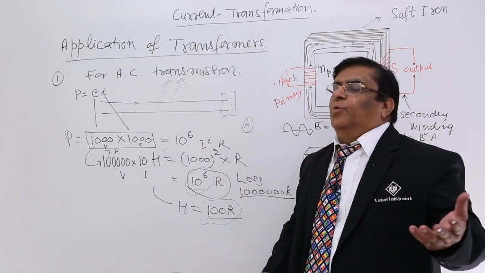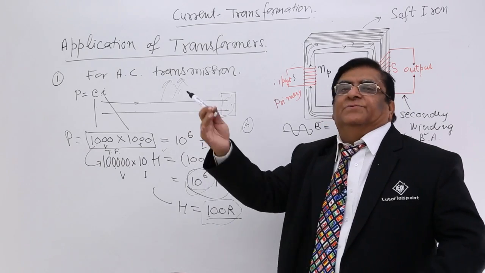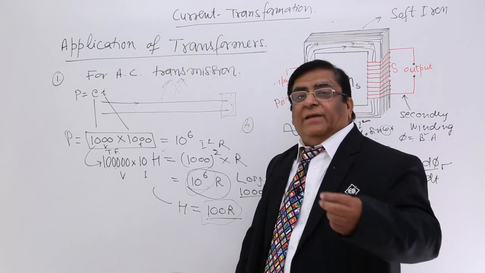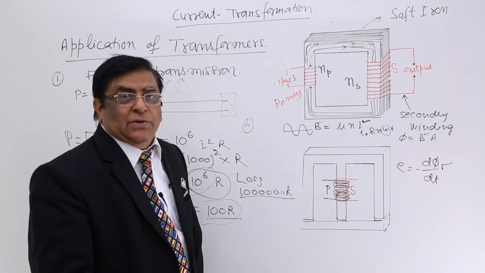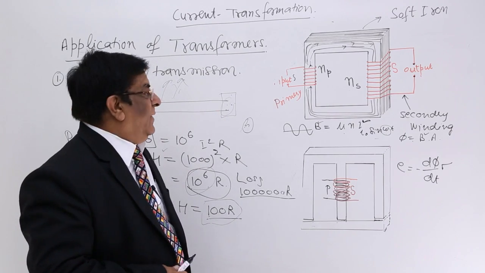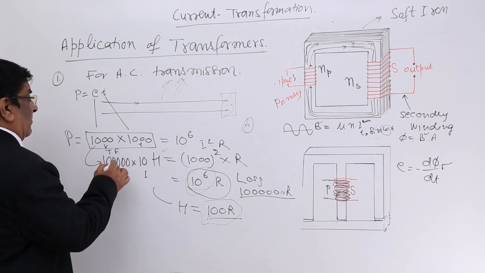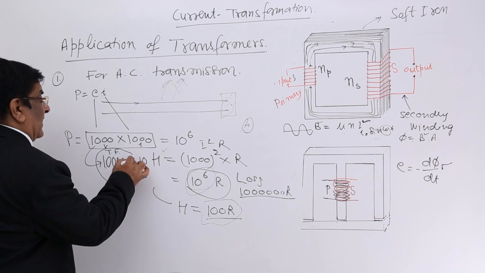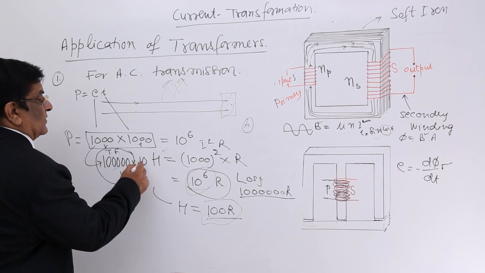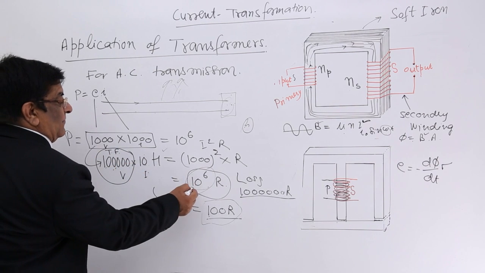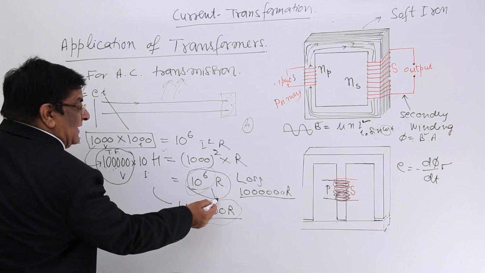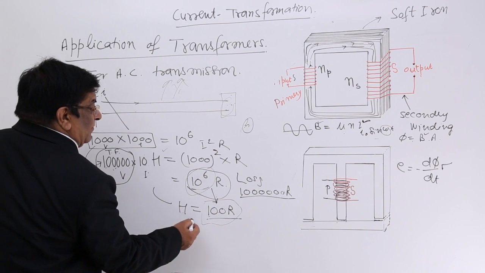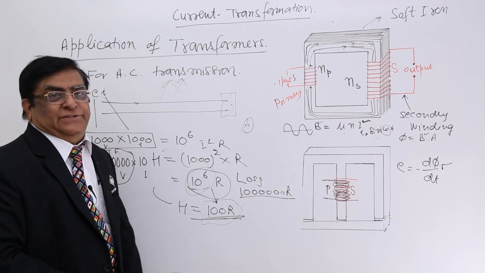So naturally, nobody would like to throw out his money like this. Money, resources, labor, everything. So, for transmission, we have made a rule that transmission will be done only at very high potential, so that current becomes less, and with the smaller current, the heat losses will be very, very less, negligible.